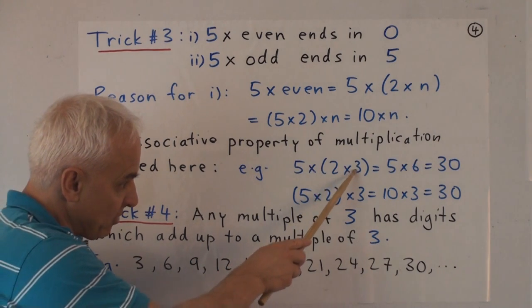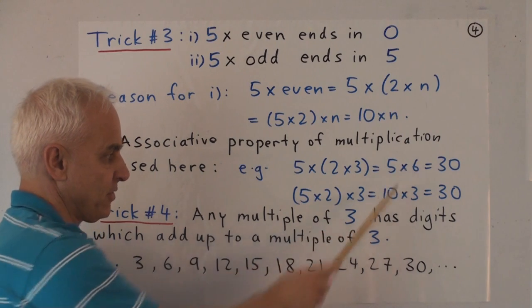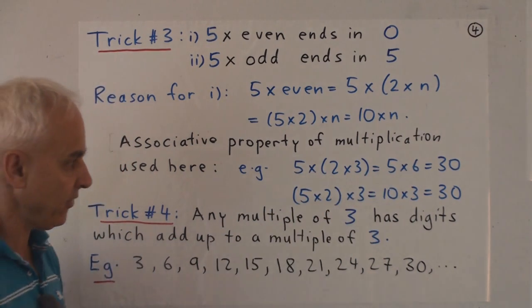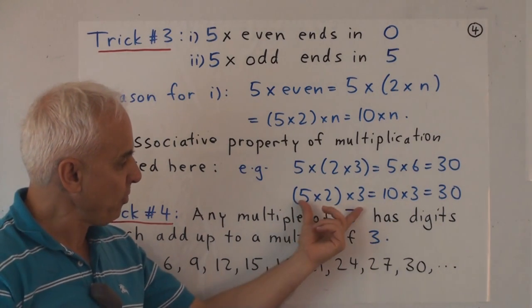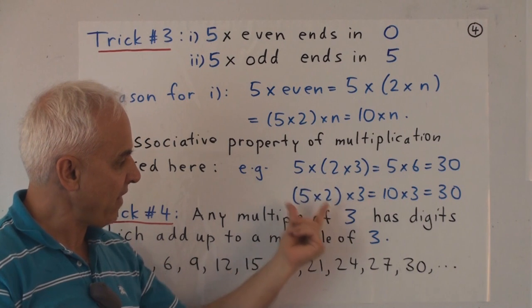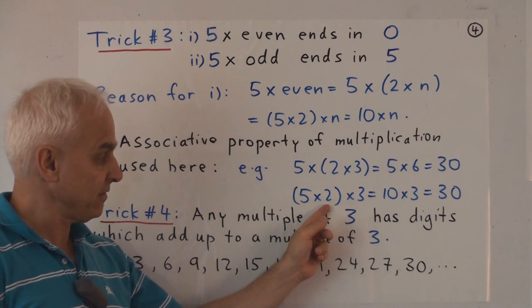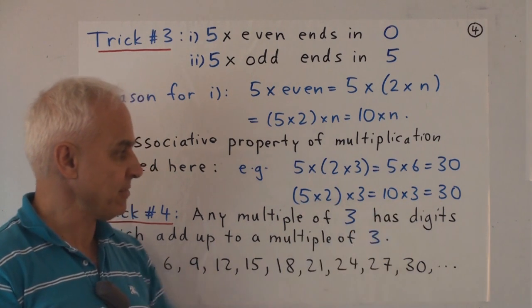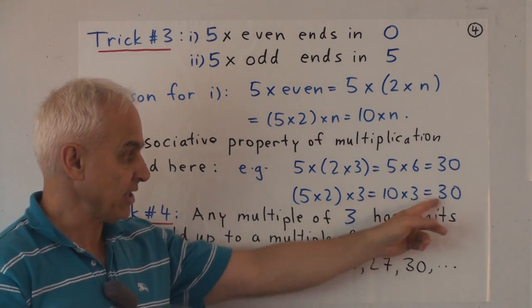If we multiply the 2 and the 3 together first, 2 times 3 is 6. So this will become 5 times 6, which according to our table is 30. On the other hand, if we group the 5 and the 2 together and multiply those first, then 5 times 2 times 3 is 10 times 3. And again, using the table, 10 times 3 is 30.